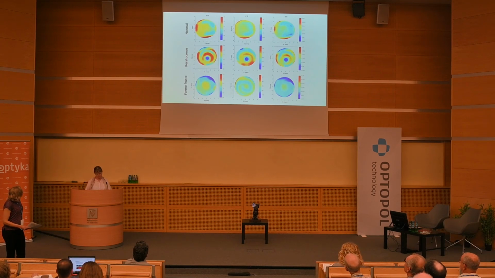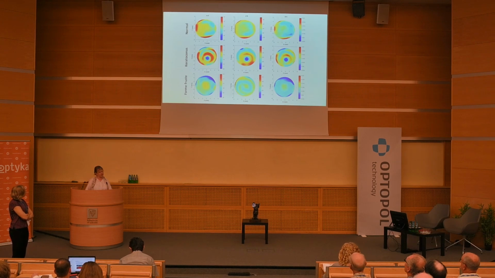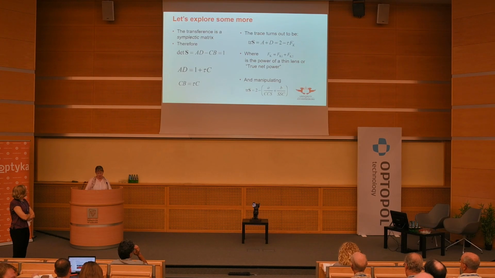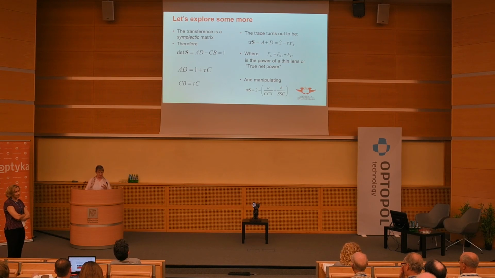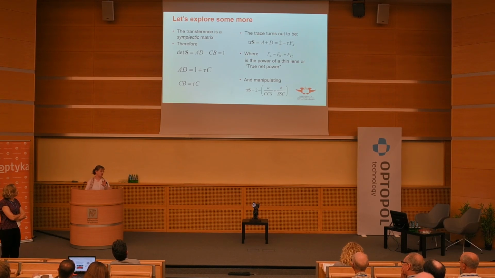You say SSC and CCS multiplied, it's the same as pachymetry, and that's correct. If we look at the formulae, you'll see that A times D and C times B, because of the symplectic relationship, are going to be very similar because they're both based on reduced thickness and C, which is the negative total power. So they are going to be very similar, just with the addition of 1, the unit.